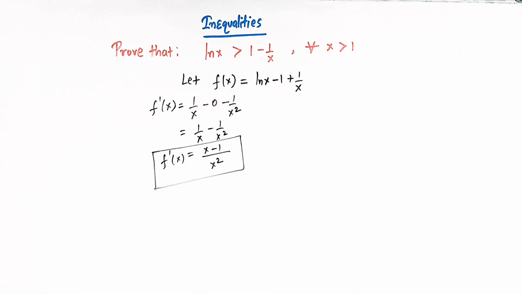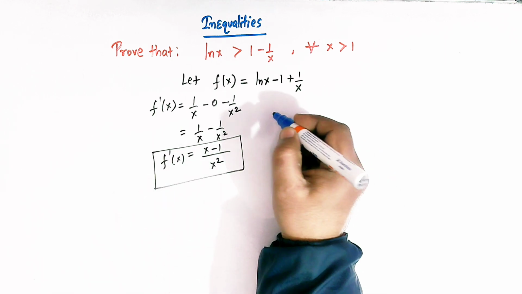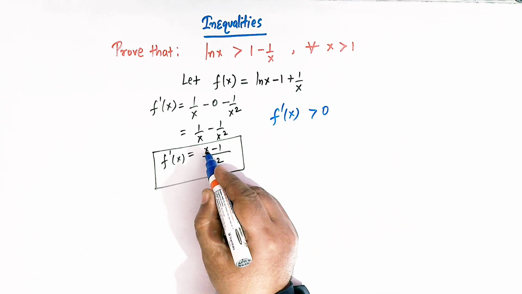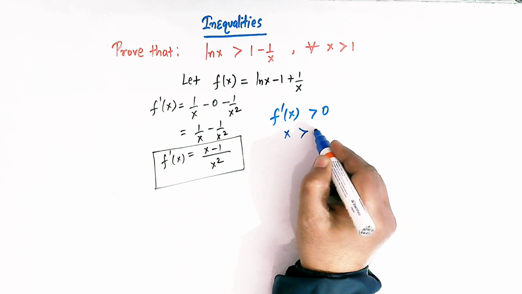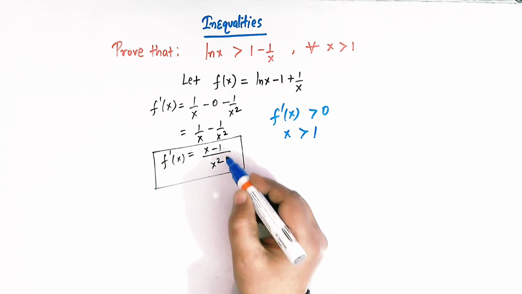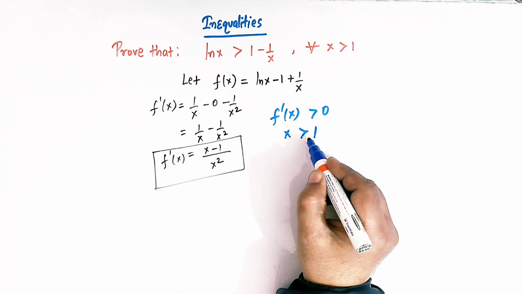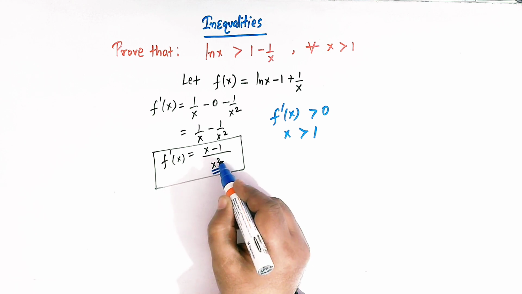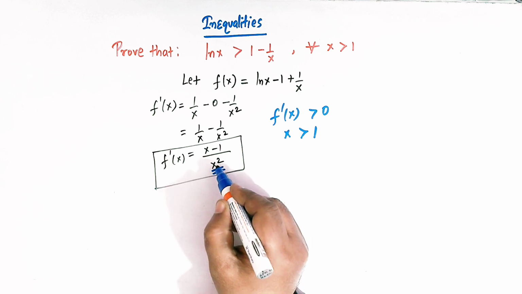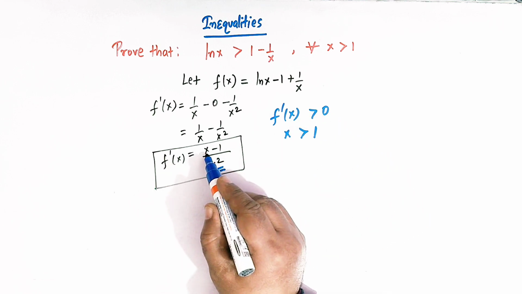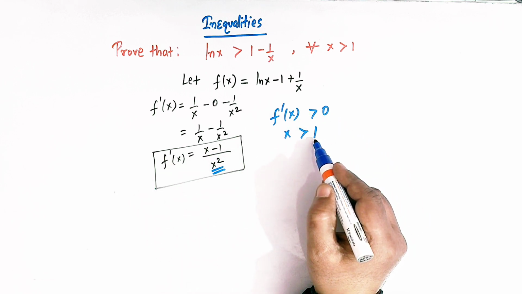Now see, the derivative is greater than 0 for all values of x greater than 1. The denominator x square is already positive, so to make f prime of x greater than 0, x has to be greater than 1.